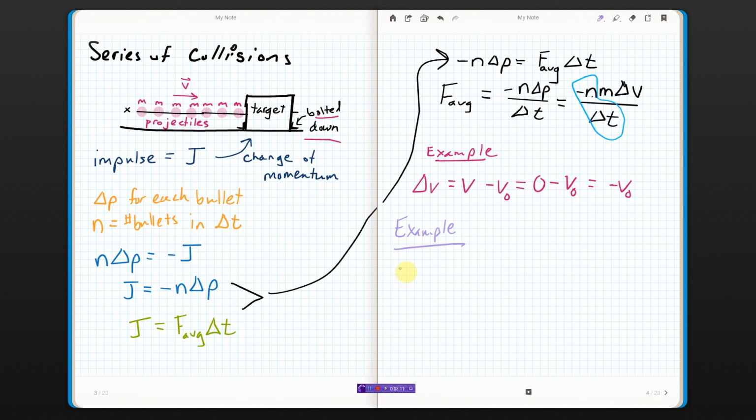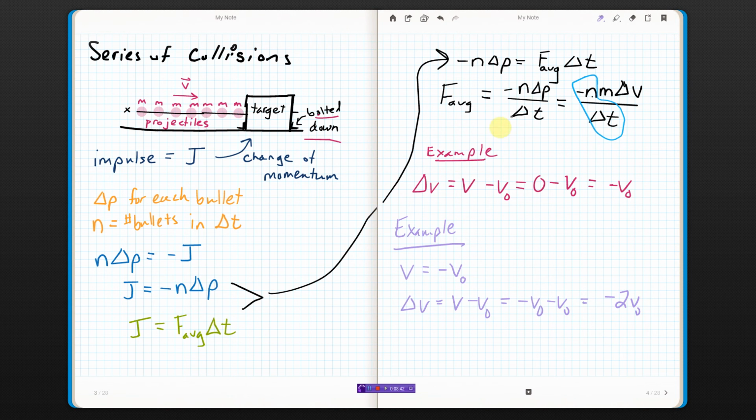In that case, your final velocity is exactly the same but in the opposite direction, so delta v would be v minus v naught, where v is negative v naught, so what you have is negative v naught minus v naught. What you have is negative 2 v naught for your change in velocity.